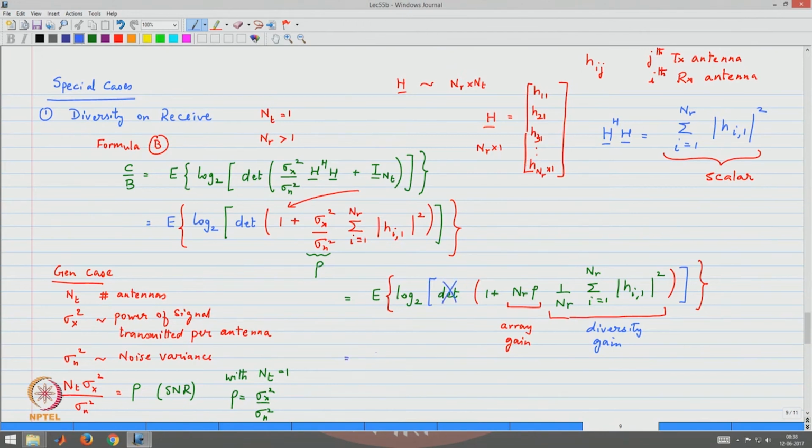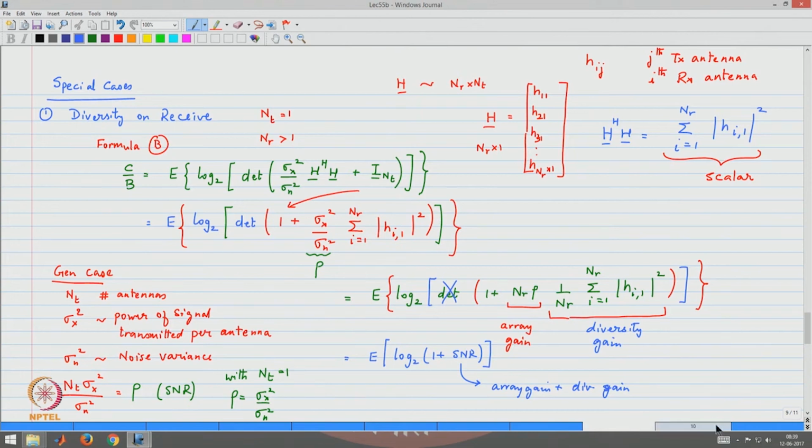So, this is nothing but the expected value of logarithm base 2 of 1 plus SNR on receive diversity, where SNR is given by the expression for a receive diversity system, where you have array gain plus diversity gain, and this is exactly what we had obtained earlier, and our expressions now are matching the expressions that we had obtained previously, where the SNR is the effective SNR in the context of receive diversity.